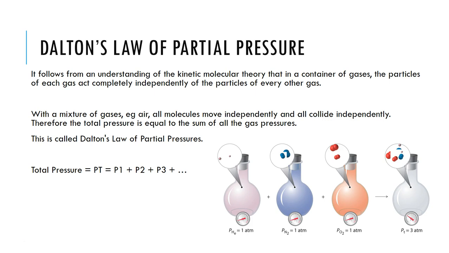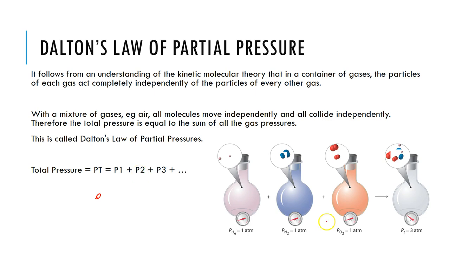If we take a mixture of gases, all the molecules move independently and they all collide independently. So the total pressure of a system would be the pressure due to the first gas and how often it collides with the side of the container, the pressure of the second gas and how often it collides with the container, and so forth.